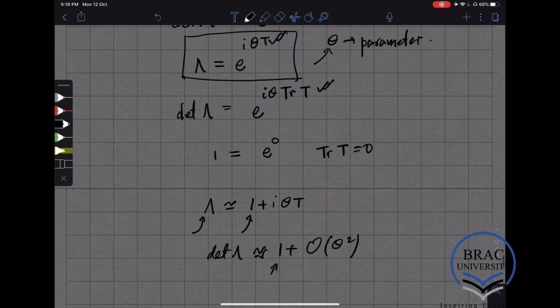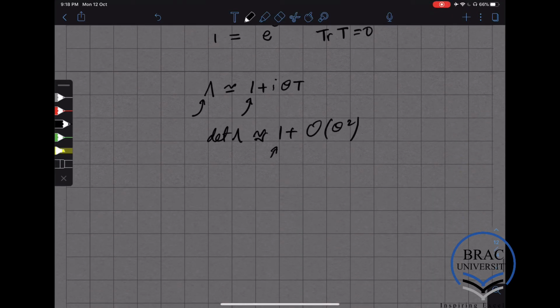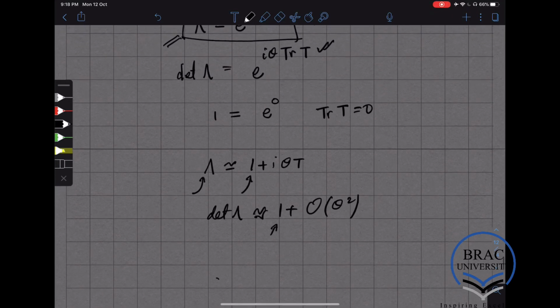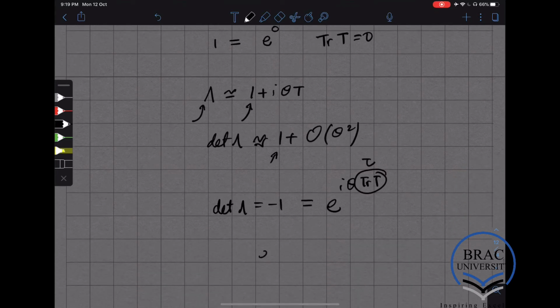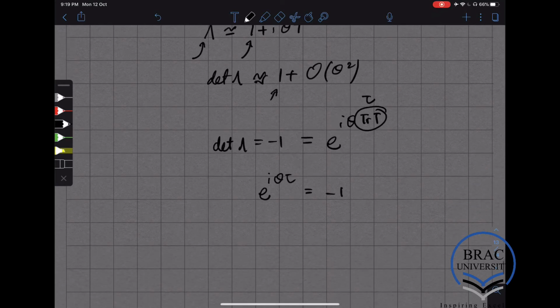So if I take this expression and say I want the determinant of lambda to be minus 1, what does this mean for e to the power i theta trace of T? Now, trace of T is some number, let's call it tau. So we have e to the power i theta tau, and that is going to be equal to minus 1.